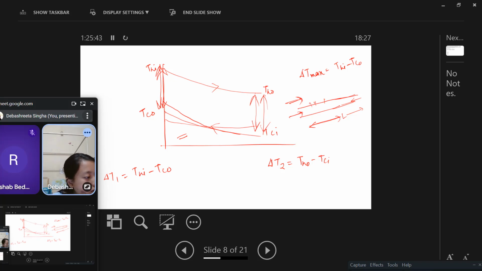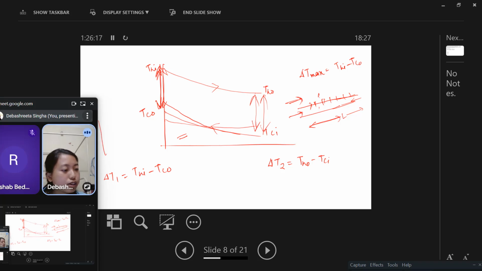But throughout the length, the temperature difference between the hot fluid and the cold fluid may not be the same. At some point it might become very low, at some point it might become very high. So there might be some point where the delta T is maximum.